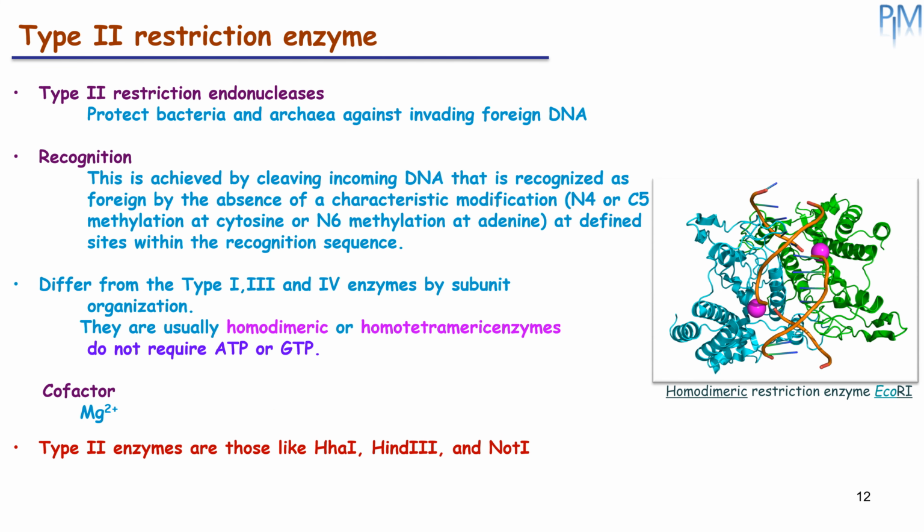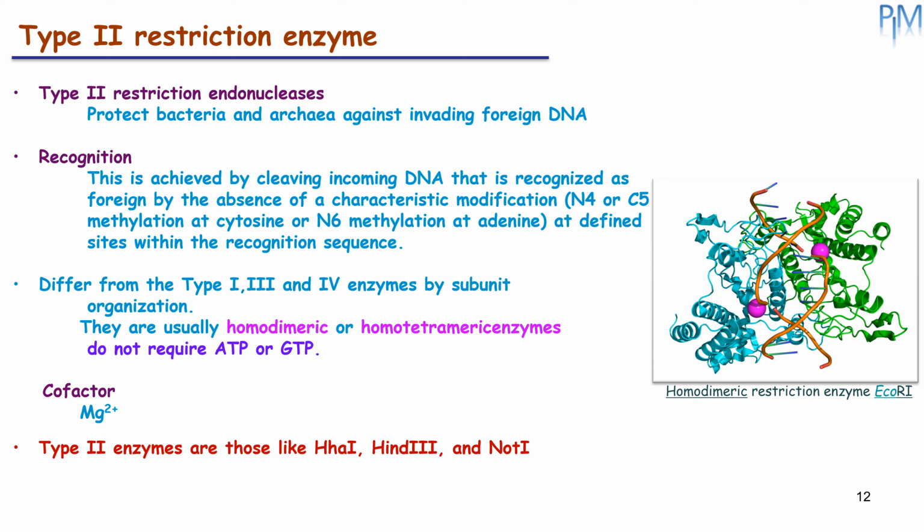Next, the type II restriction enzymes. They mainly protect bacteria and archaea against invading foreign DNA. Type II enzymes differ from type I in several ways, as they recognize and cut directly within the recognition site. They form homodimers with recognition sites that are usually undivided and palindromic, 4 to 8 nucleotides in length.